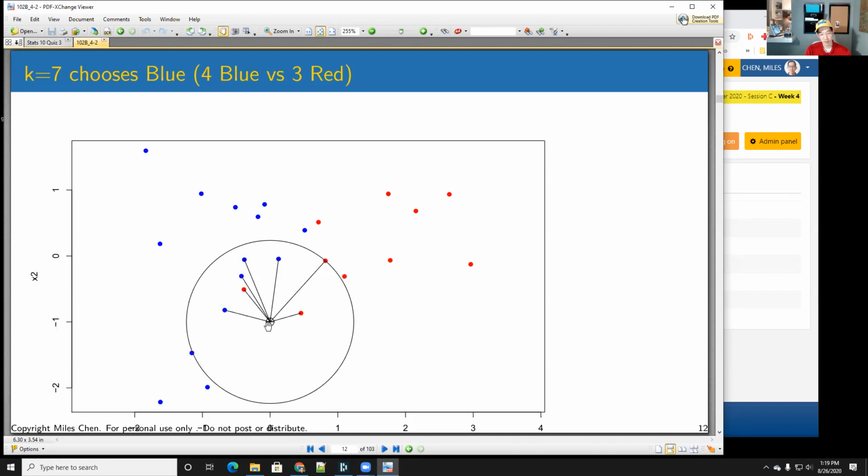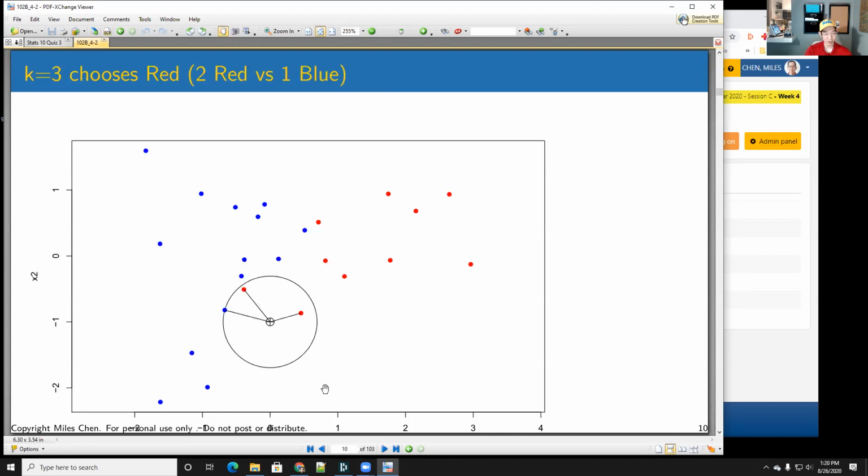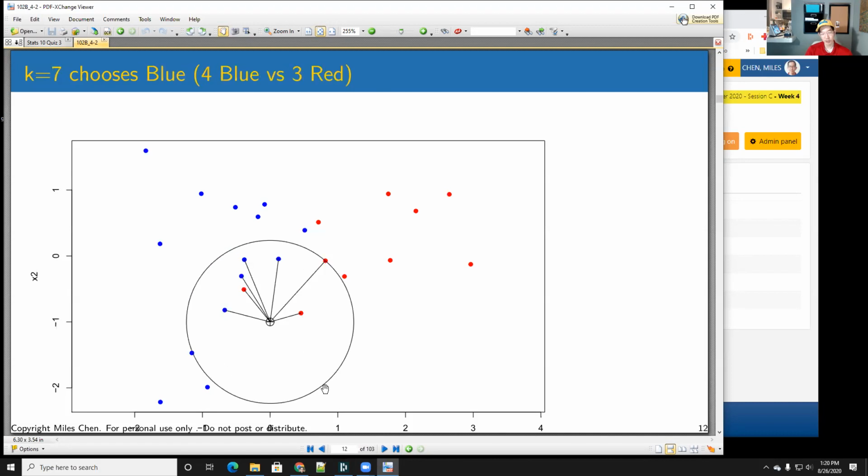Even if this was the 7th closest point and this was a little bit farther away, you would have 5 blue and 2 red, and it would still get classified as blue. But this illustrates k equal to 7. So for different values of k, you might get different answers.